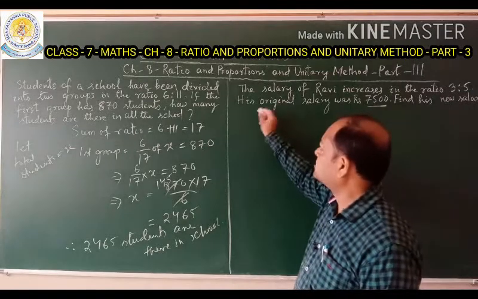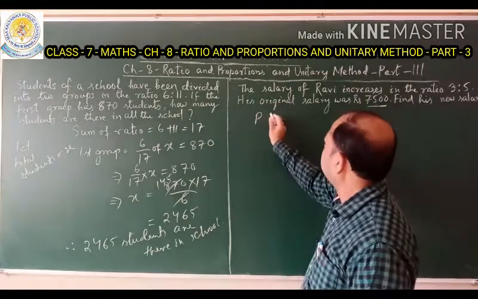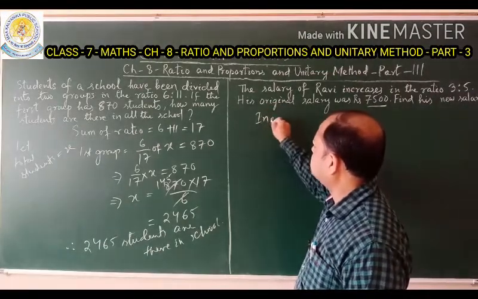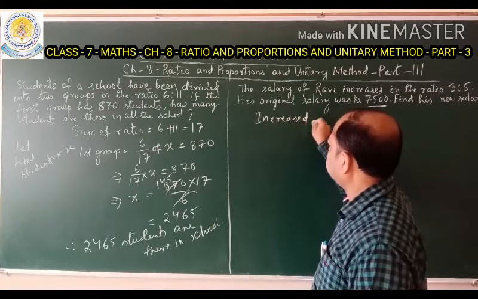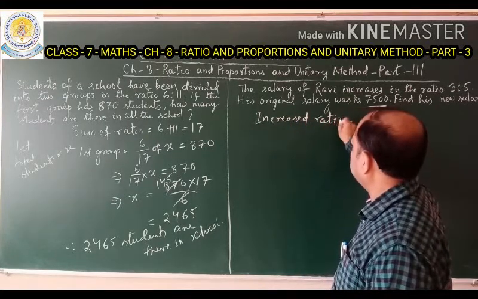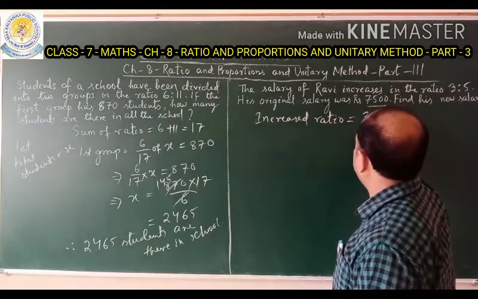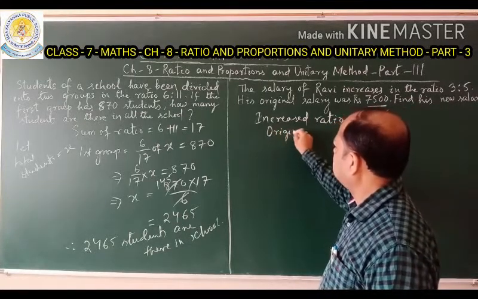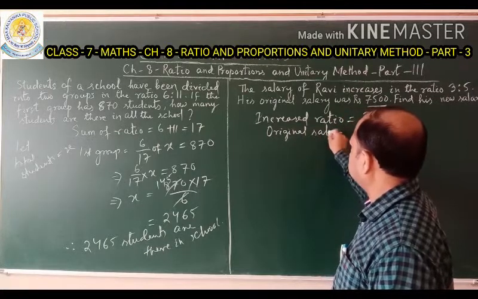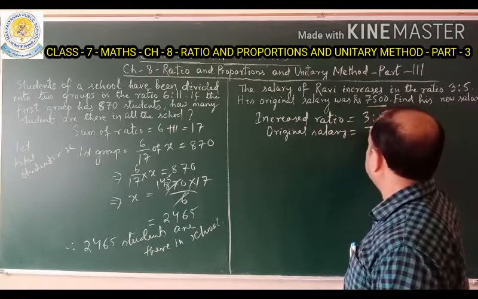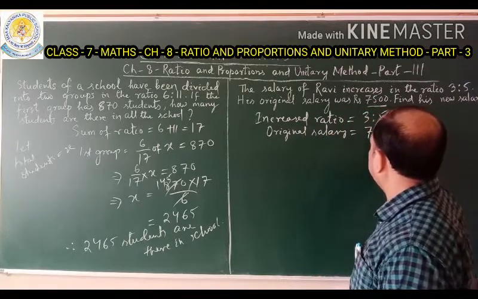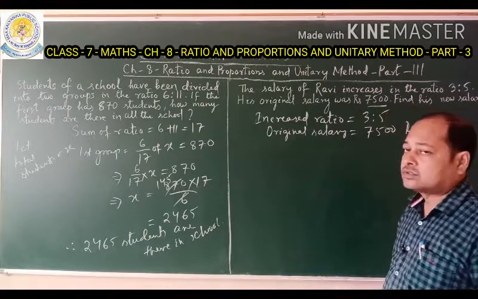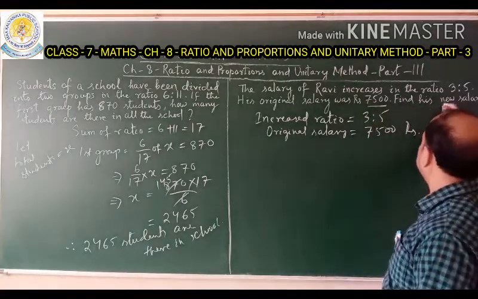So first write the increased ratio equal to 3:5 and original salary equal to 7,500 rupees.